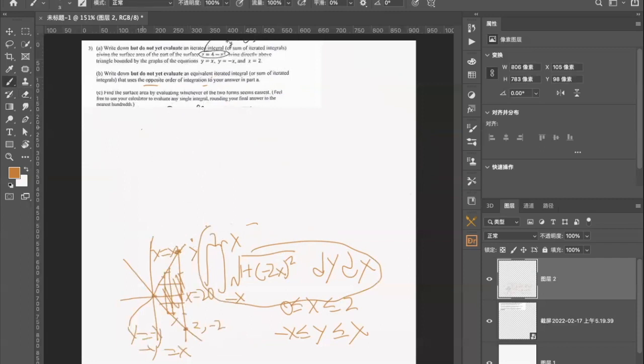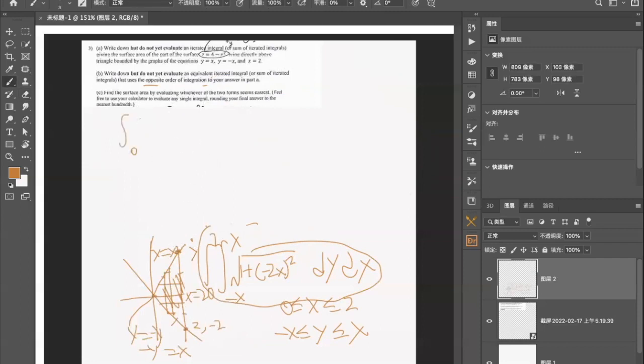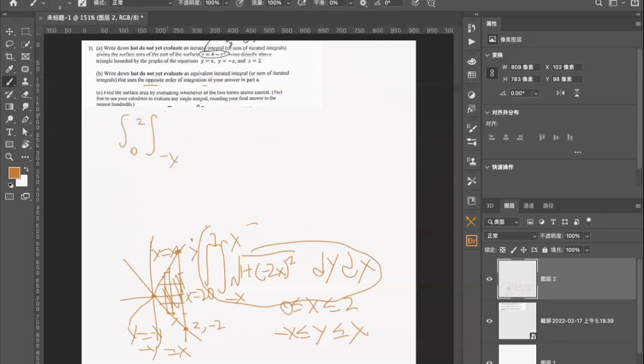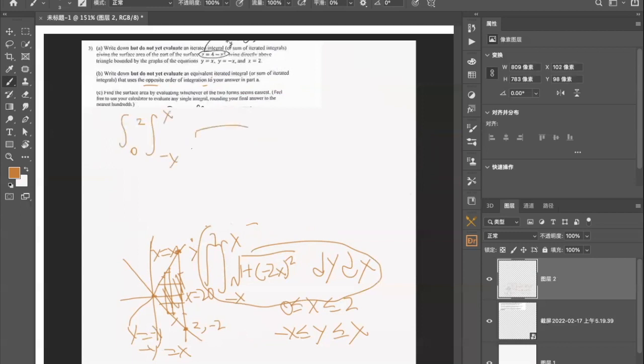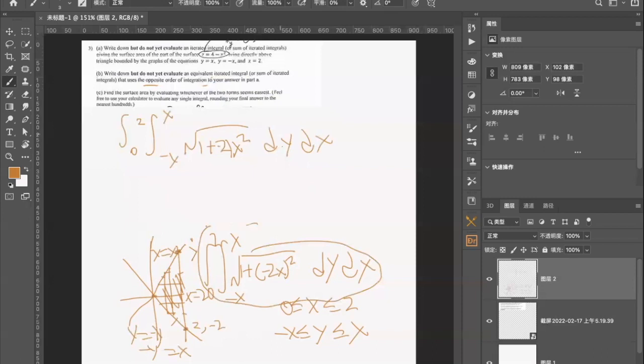So now we should have this. Let's solve for this equation. So we are integrating over y. Is there a y here? No. Then treat it as a constant. Now we have y.